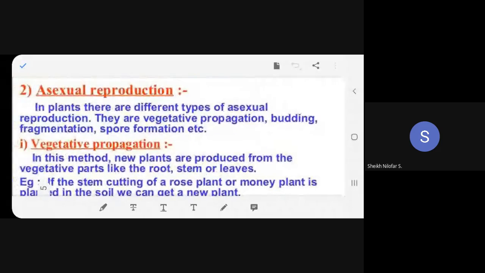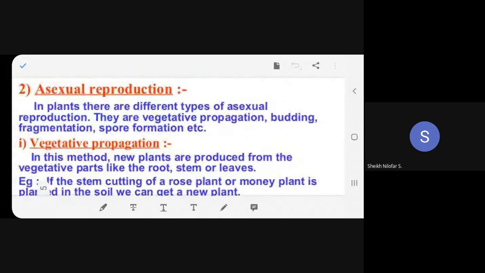We will do asexual reproduction now. Start. In plants, there are different types of asexual reproduction.